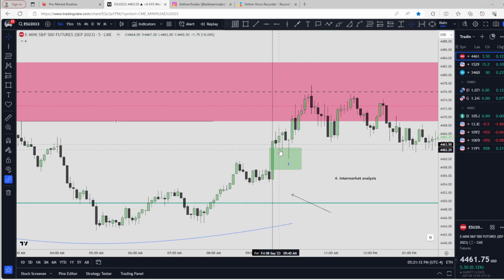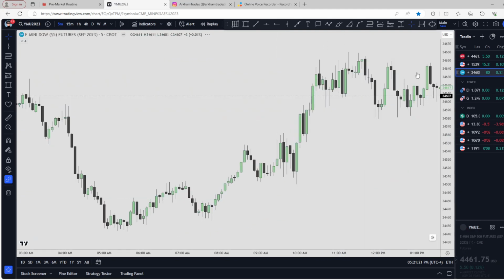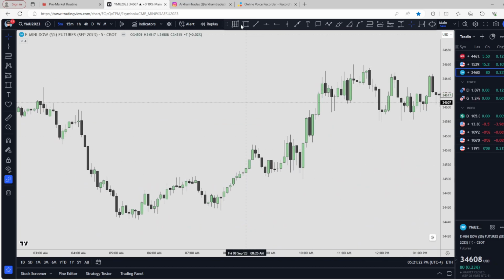I didn't buy right here at 9:40 or 9:45, and I bought at 9:55 because of intermarket analysis. Dow Jones was not going higher.